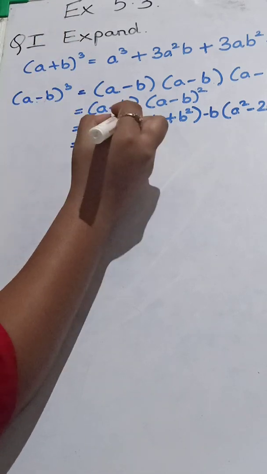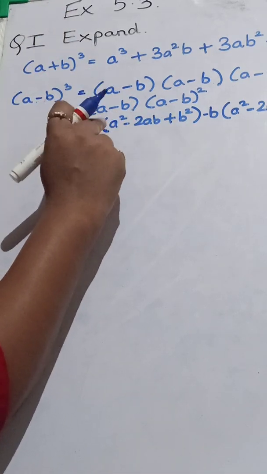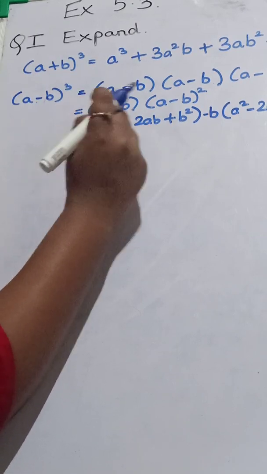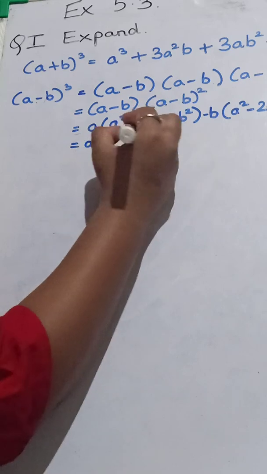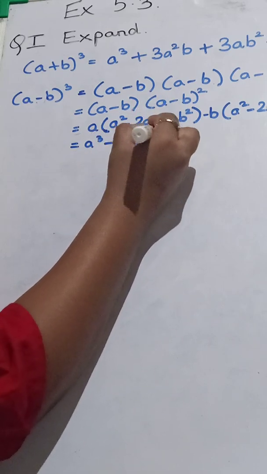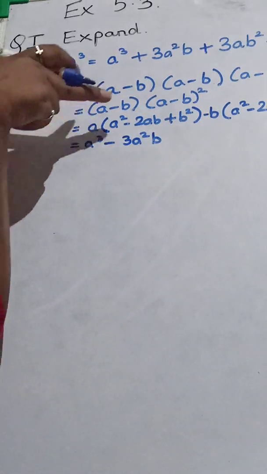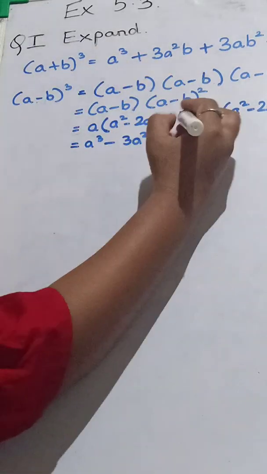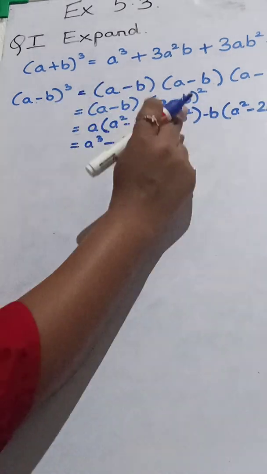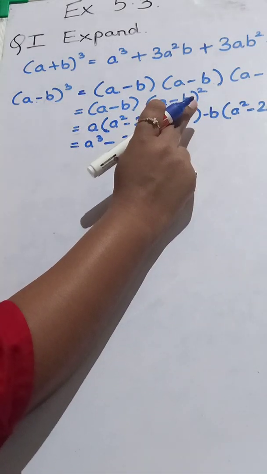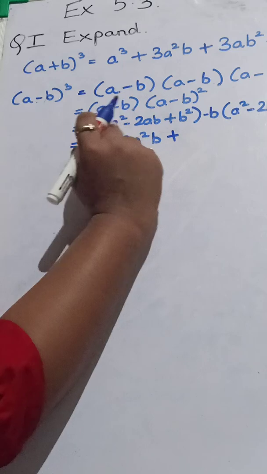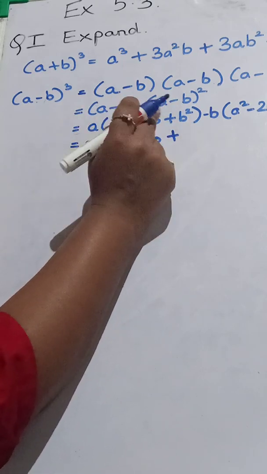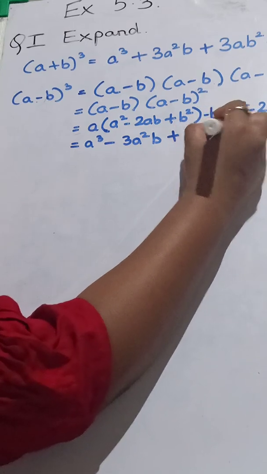Now we are going to solve it. After solving, a multiplied by a square will give you a cube, minus a multiplied by 2ab will give us minus 2a square b. Why? Because a multiplied by this a will give you a square and b. Plus a multiplied by b square will give you directly ab square.